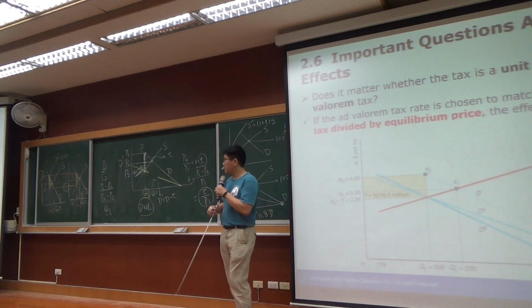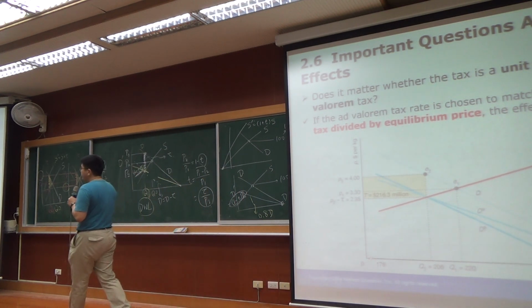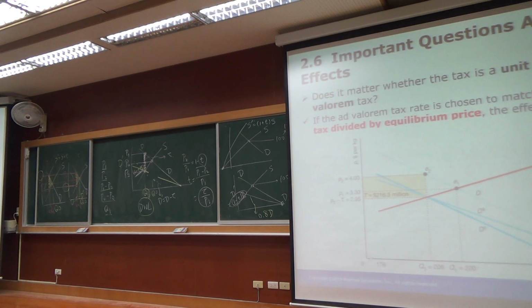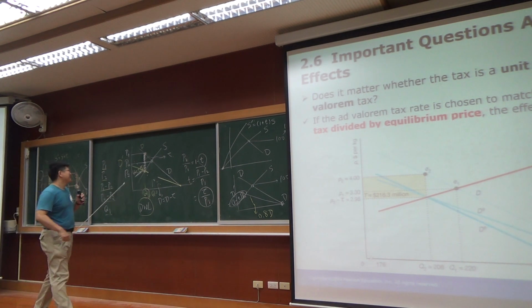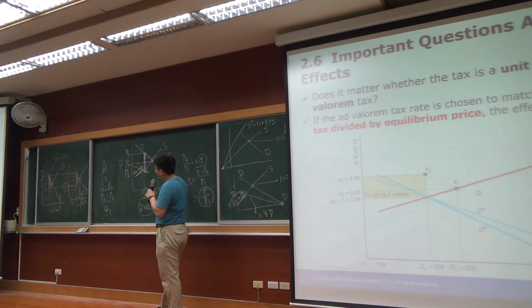So the tax revenue would be the same by either specific or ad valorem tax. Why does P2 divided by P1 equal 1 minus T? Because this is 1D and 1 minus TD, right?